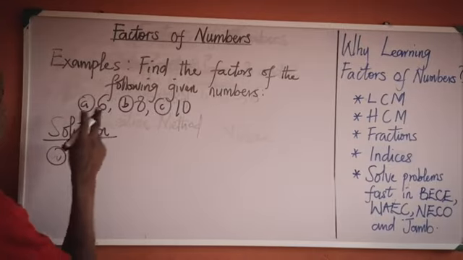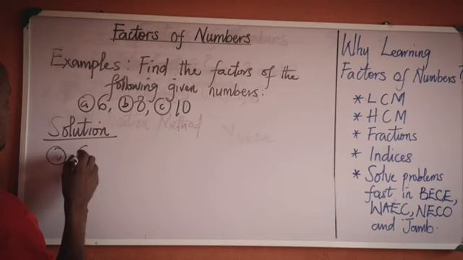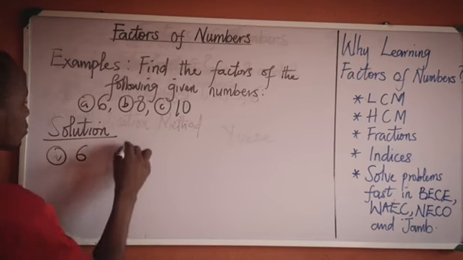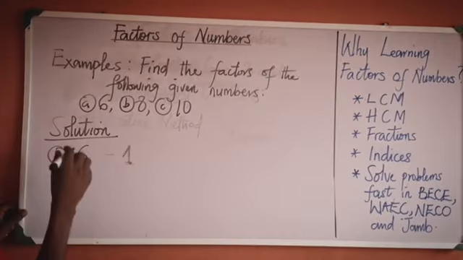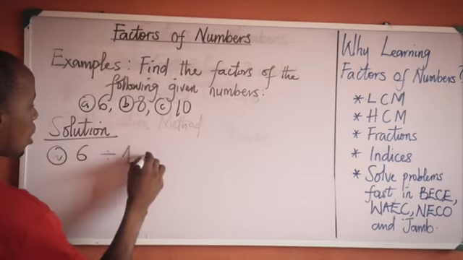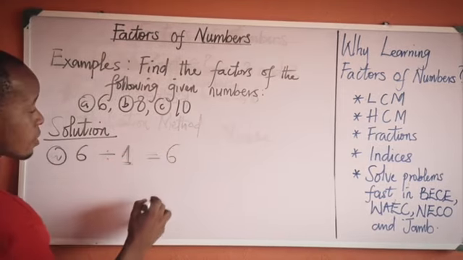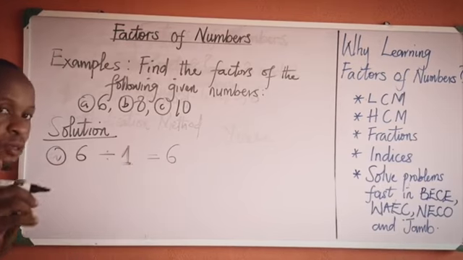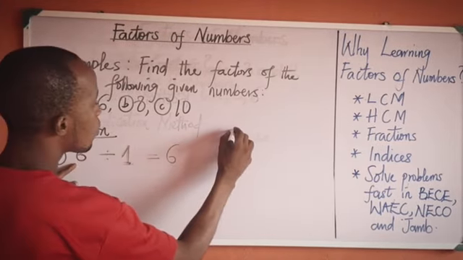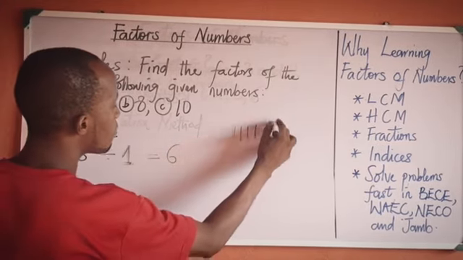So 6 is our first given number. I'm going to be dividing 6 by number 1, the first whole number. If we divide 6 by 1, we are going to get 6. Let's do a little elementary mathematics. Simply count 6: 1, 2, 3, 4, 5, 6.